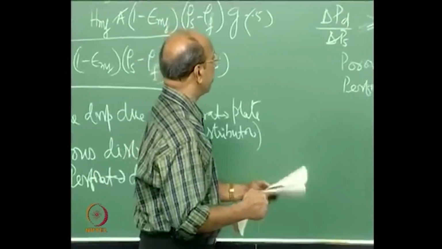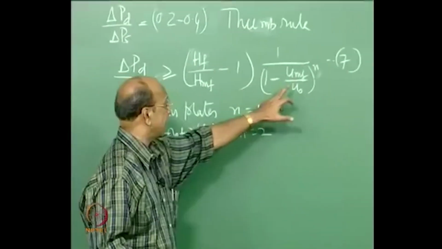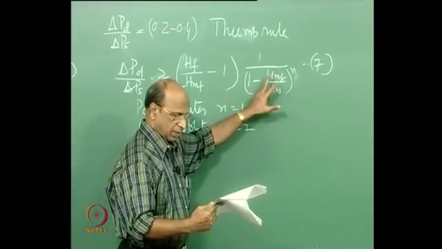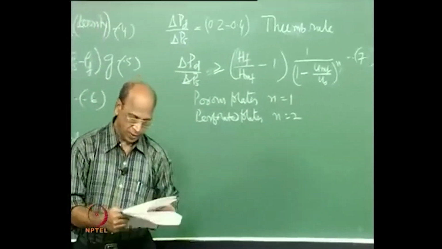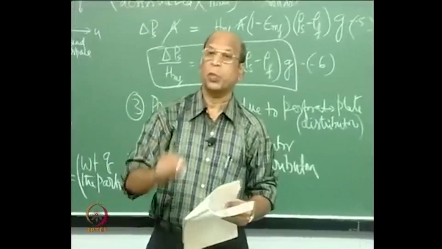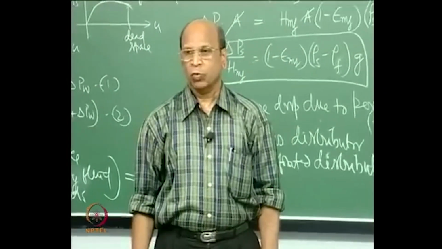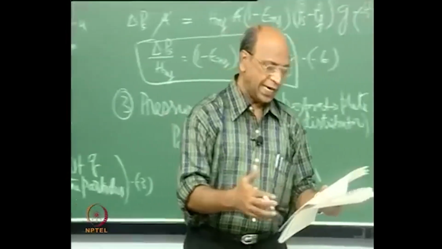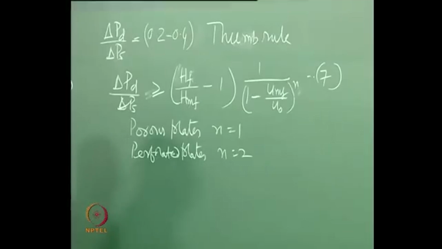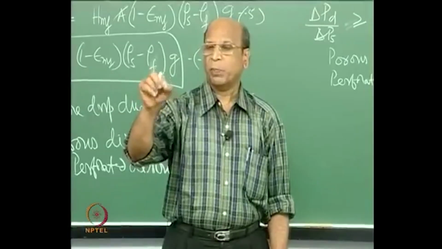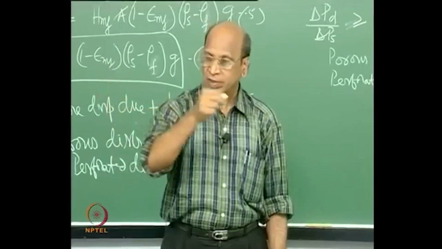In fact, you get this thumb rule if you take this ratio Hf by Hmf as 1.2 to 1.4, which is the height, let me explain. Hf by Hmf for many gas solid fluidized beds will be around 1.2 to 1.4 times.